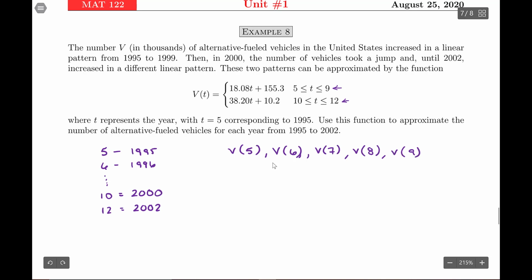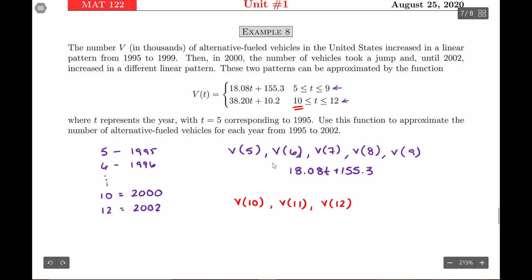So I would use 18.08 t plus 155.3, and I would just substitute in 5, 6, 7, 8, and 9 and evaluate each time, and that would tell me approximately how many alternative fuel cars were on the road in 1995, 96, 97, 98, 99. Then when I jump to the year 2000, I'm going to use V of 10, and then V of 11, and V of 12.